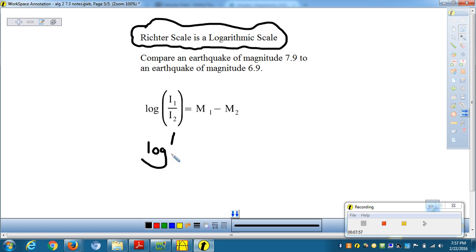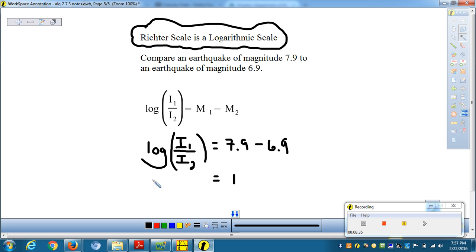So let's fill in what we know. We have log of I sub 1 over I sub 2 equals the magnitude of the first earthquake, which was 7.9, and the magnitude of the second earthquake, which was 6.9. 7.9 minus 6.9 is 1.